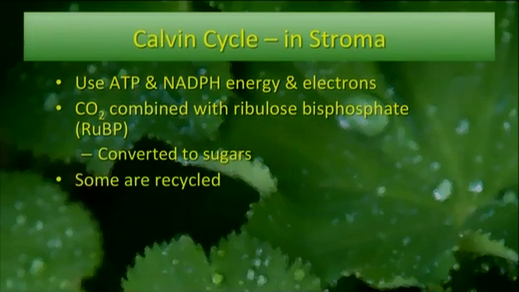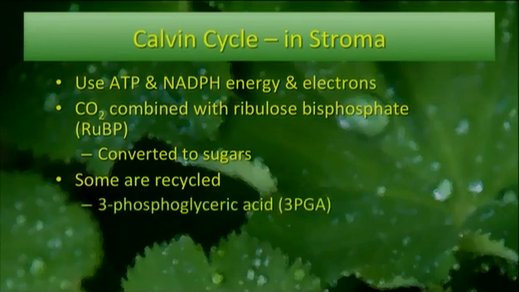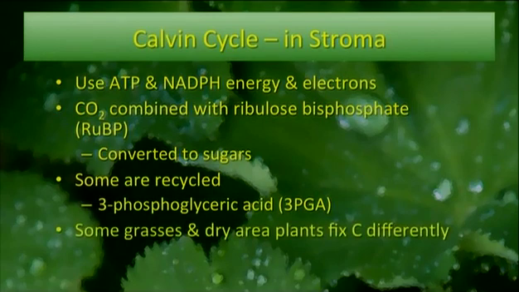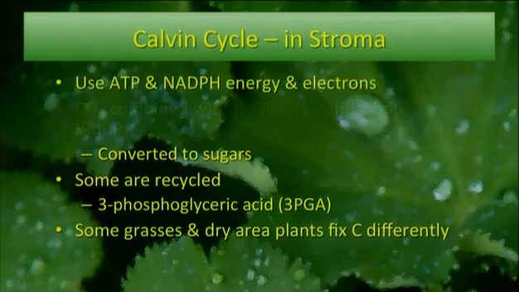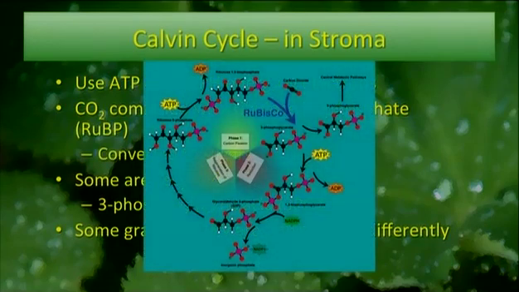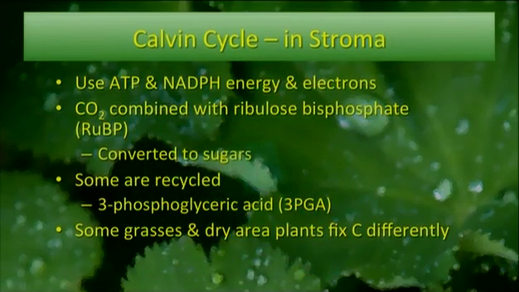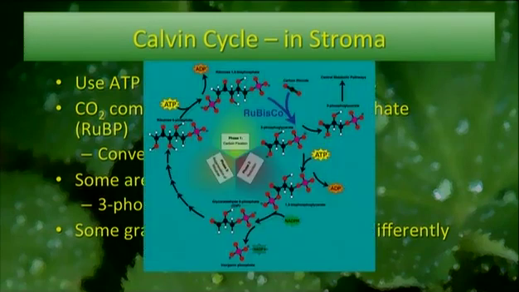Some of these sugars are recycled in the form of 3-PGA, phosphoglyceric acid. Some grasses and dry area plants fix carbon differently. Anyway, what we have here is ribulose bisphosphate.